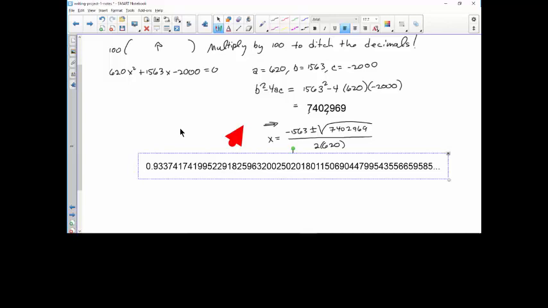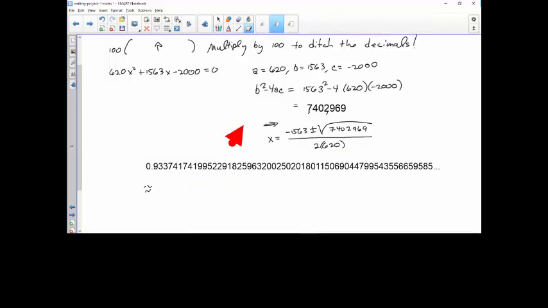Correct to, I guess I'd say 4 places, 0.9337. And I'm not sure if I asked for a calculator answer on that one or not. I should have on the corresponding problem in the actual writing project assignment.